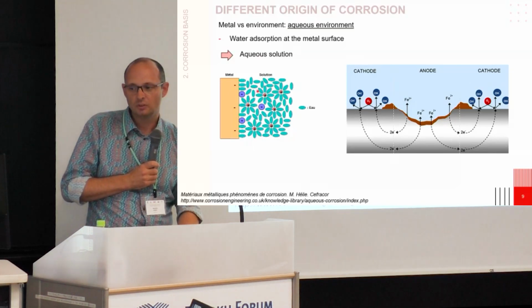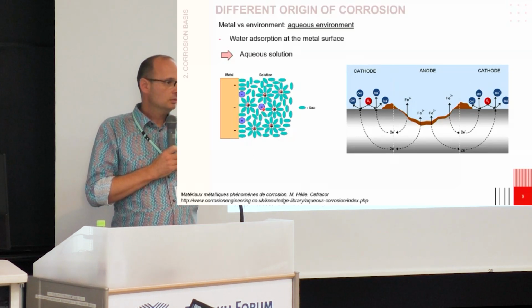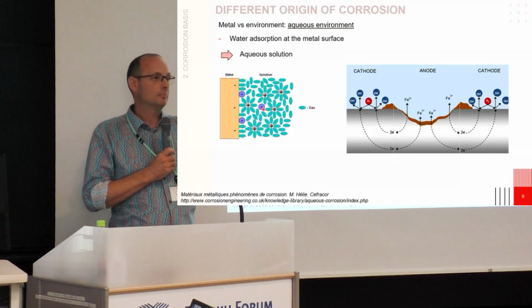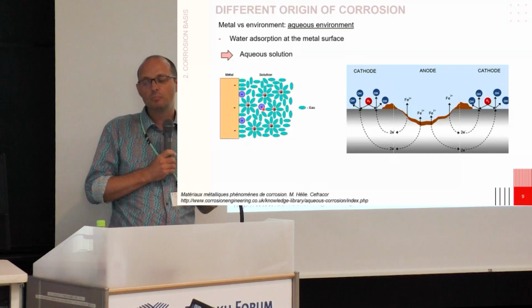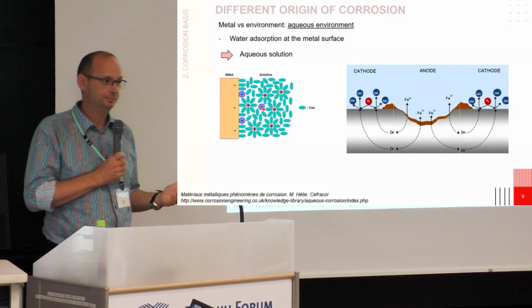And the water contains ions. In corrosion, it is mostly anions, so minus something. Cations are not really important in corrosion.